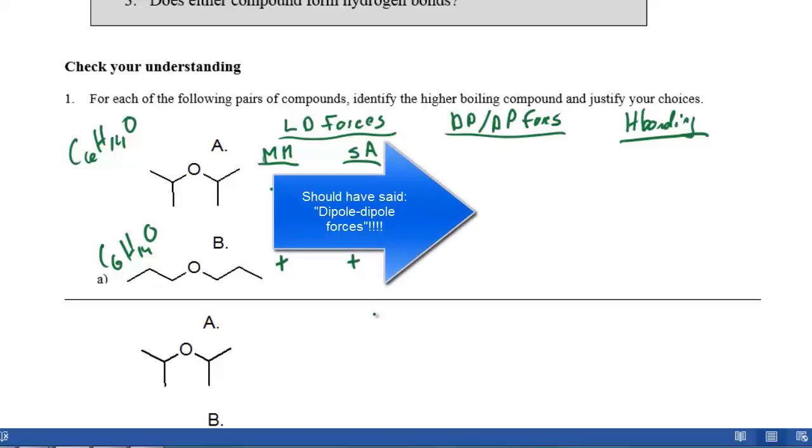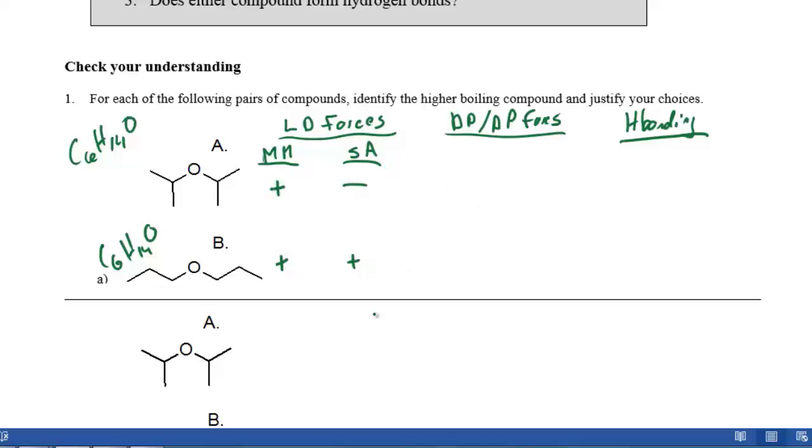In terms of dipole forces, I know that about the ether bond, we do have a dipole, a molecular dipole. And so rather than draw the bond dipoles, I'm simply going to draw these molecular dipoles to indicate that I'd expect that there would be dipole-dipole forces of attraction between one molecule of A and a second molecule of A, and one molecule of B and a second molecule of B. I would argue that essentially they would be about the same dipole-dipole forces of attraction.